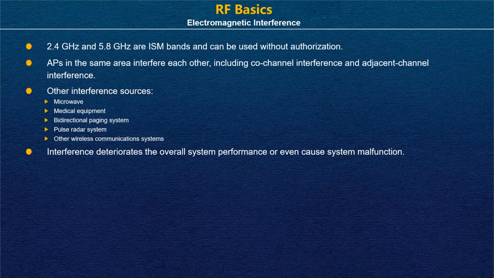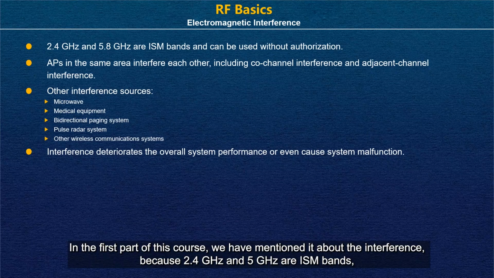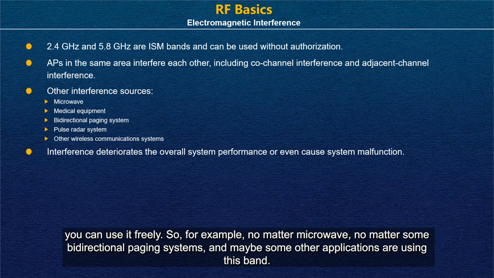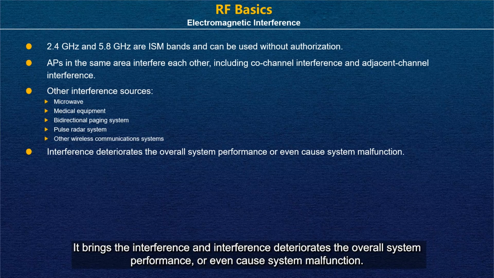electromagnetic interference. In the first part of this course, we have mentioned interference. Because 2.4 gigahertz and 5.8 gigahertz are ISM bands, you can use them freely. So, for example, microwaves, bidirectional paging systems, and some other applications are using this band, which brings interference, right?